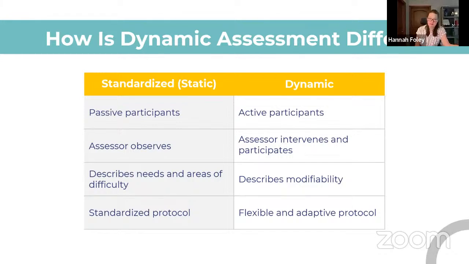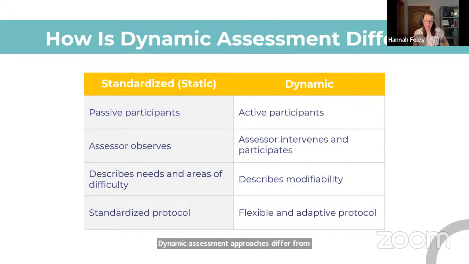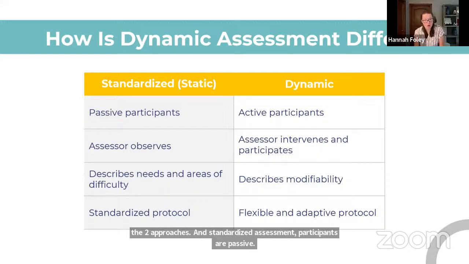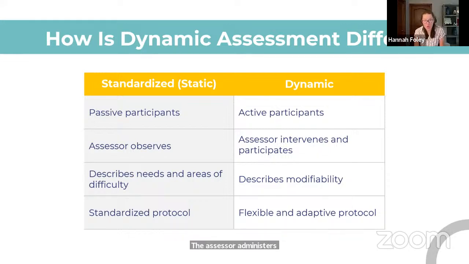How do dynamic assessment approaches differ from other assessment approaches, such as standardized assessment or static assessment? Here's a chart that summarizes the key differences between the two approaches. In standardized assessment, participants are passive. The assessor administers tests, and they are not supposed to interfere with the communicator's performance or with their responses.